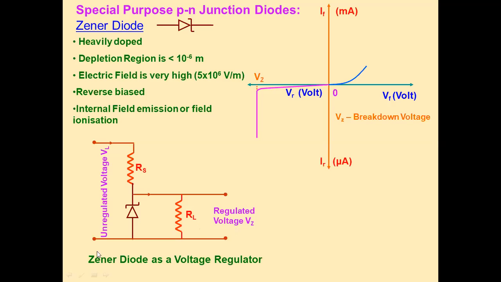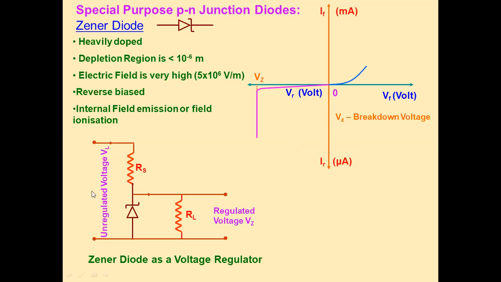So the Zener diode is used as a voltage regulator, meaning that even with increasing input voltage as well as load resistance, the output voltage remains constant.